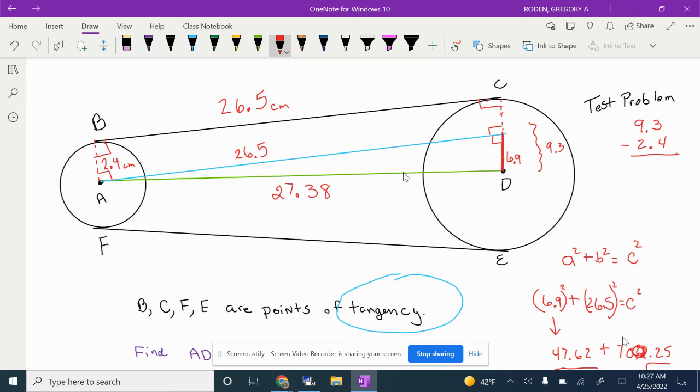We used the Pythagorean theorem. We used subtraction, just basics. There's so much stuff we've learned in here, and just this problem is packed with information. We used our opposite angles theorem to check that, hey, if this green line came out less than the blue line, then we know we did something wrong, right? So just a lot of really good information in this problem right here.